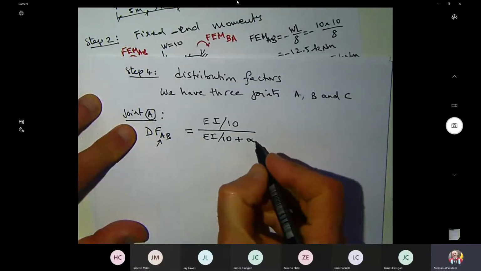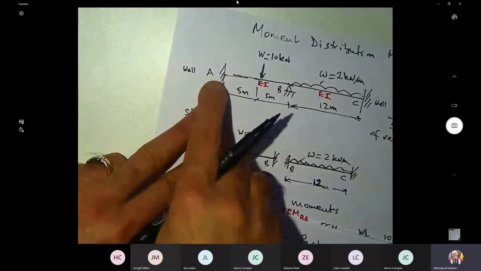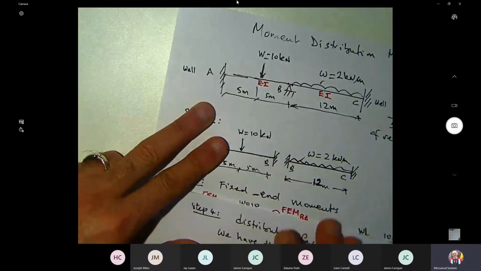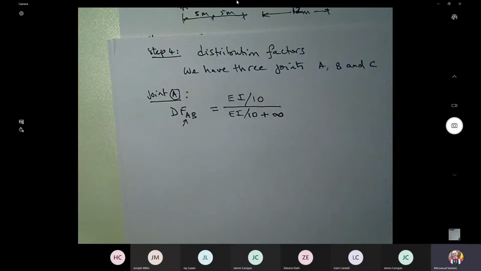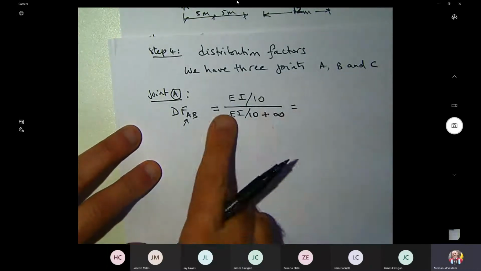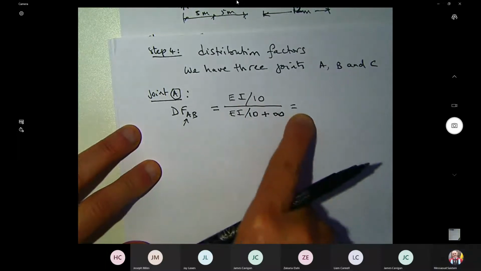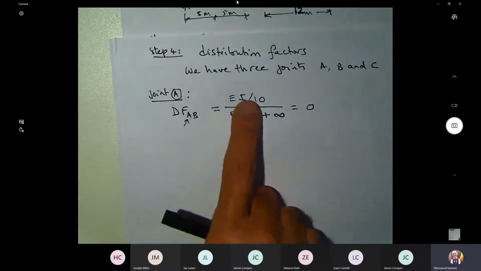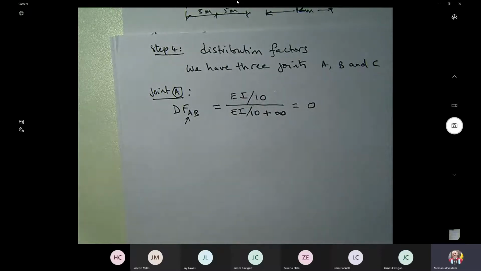We said it's infinitely rigid, so this will be something really large, okay? Because it's rigidly fixed. So basically, if you divide by something very large, what do you get? Zero, always. Regardless of what values we have here, that will be 0 for a very large value here.